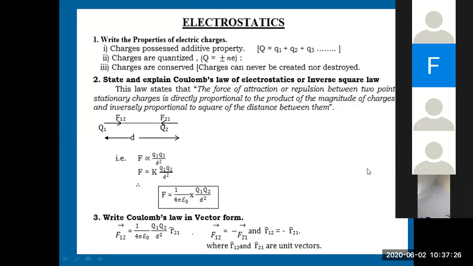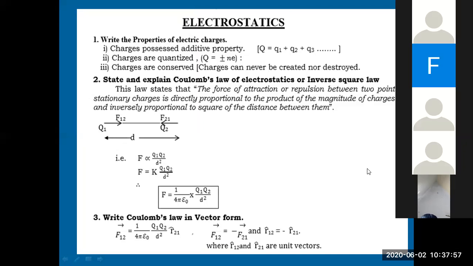Second point, test charge. In the last class, I told you clearly, a test charge should not create any difference due to its presence. So that is called a test charge. I'm repeating it. Test charge is a charge having very small magnitude, so that its presence should not affect the electric field.